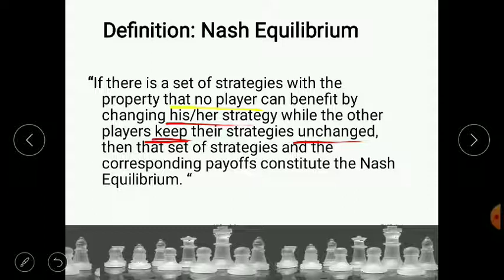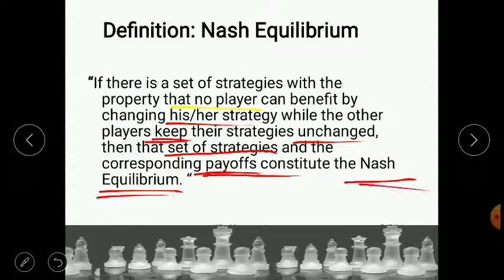I'll repeat it once again: if there is a set of strategies available with the player with the property that no player can benefit by changing his or her strategy while the other player keeps their strategy unchanged, then that set of strategies and the corresponding payoffs constitute the Nash equilibrium.